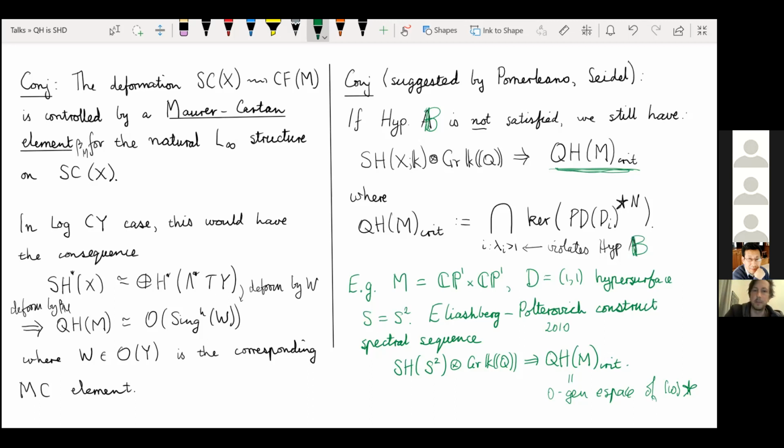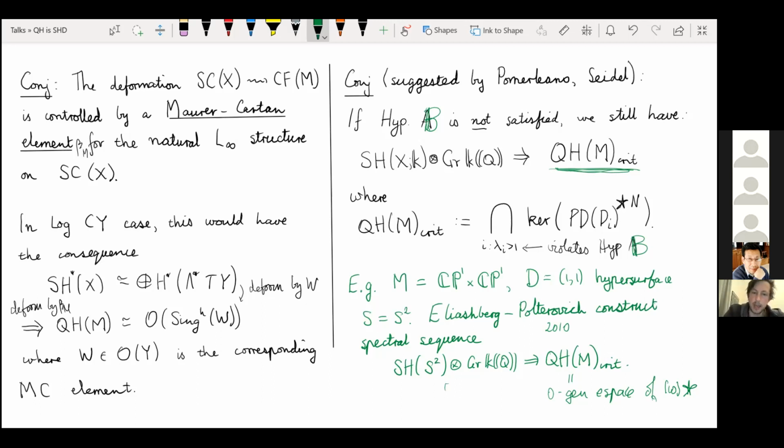So for example, you can take M to be CP1 cross CP1, and D to be a degree (1,1) hypersurface. Then you can arrange that the skeleton is the anti-diagonal two-sphere. And in this case, Eliashberg and Polterovich in 2010 constructed a spectral sequence exactly as in this conjecture.